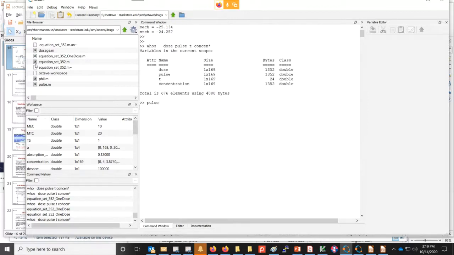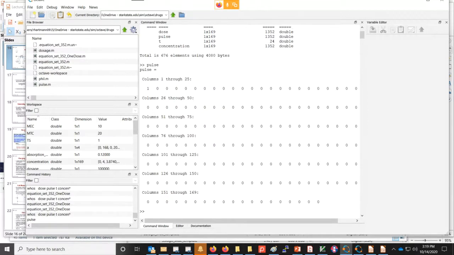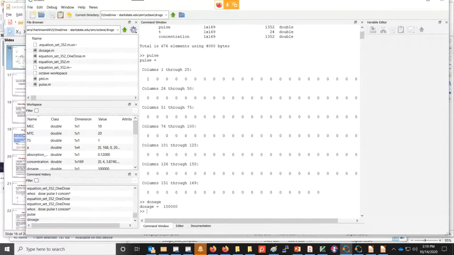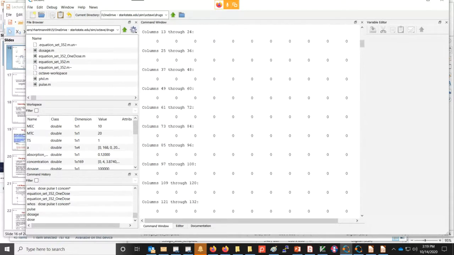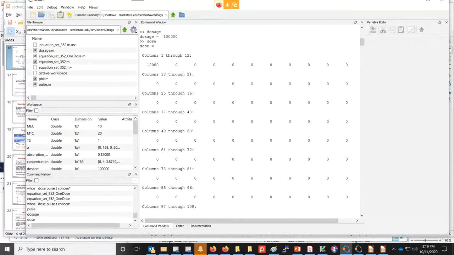And then look at the pulse. So I'm going to look at the pulse, and you see that right now I just have a pulse right at the very beginning. And then I'm going to look at the dose. And remember, the dose is 12% of 100,000. And so if you look at the very first value of the dose, it's at 12,000 micrograms.